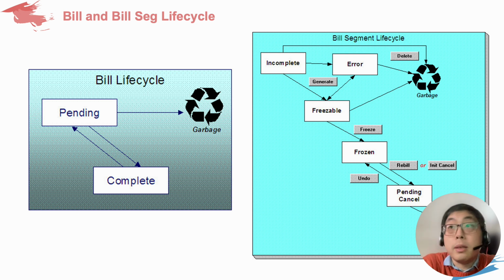It's just pending, complete, or move to garbage. But let's think in this way. Bill is not just a new bill. In the system, a new bill is a bill, and a credit note is also a bill, which reverses the ordinary bill.